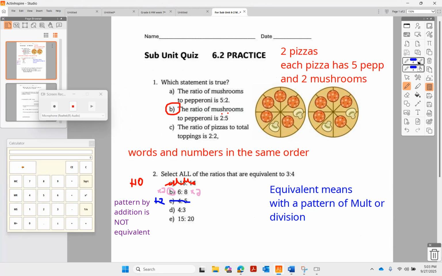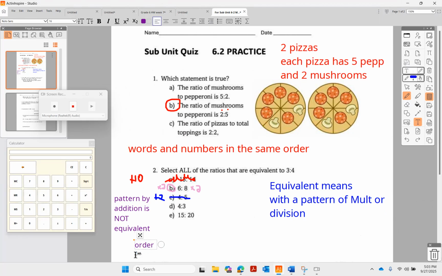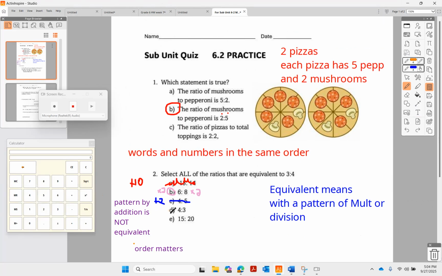When you are doing ratios, let's also make sure we know that order matters. 4 to 3 is not the same as 3 to 4. That is not correct. And then let's do the last one.